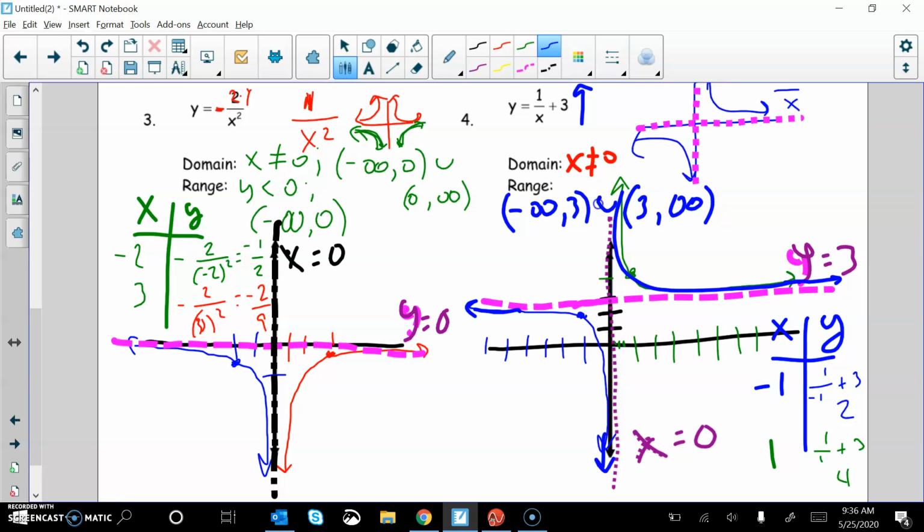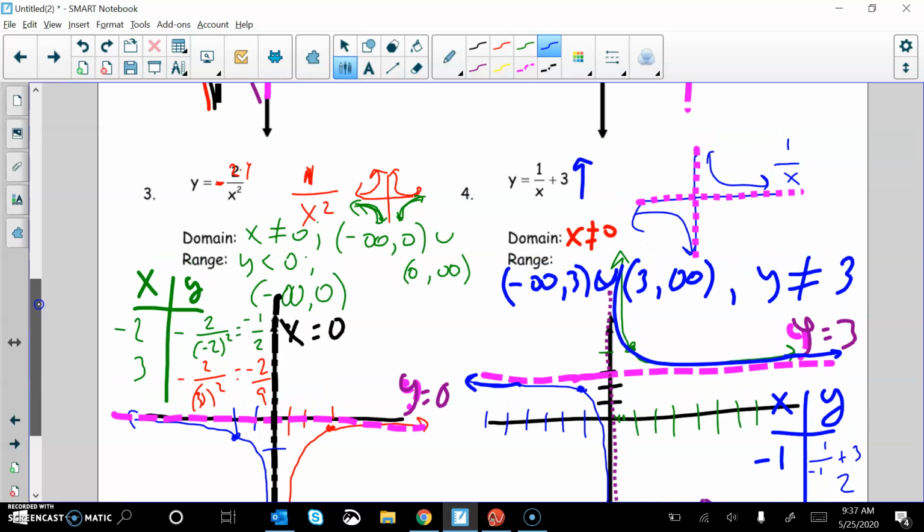You can write it as such with an interval with the union in the middle, or you can write it as, whoops, not x, any y's that are not equal to 3. There is number 4. There's your domain, your range, and your graph. So we just translated it upward.